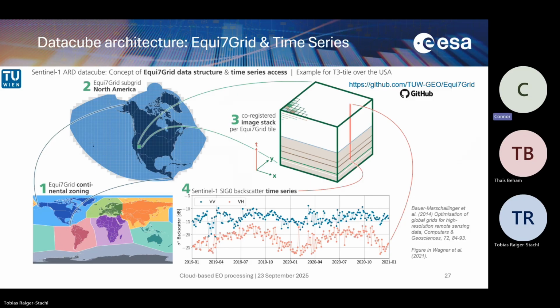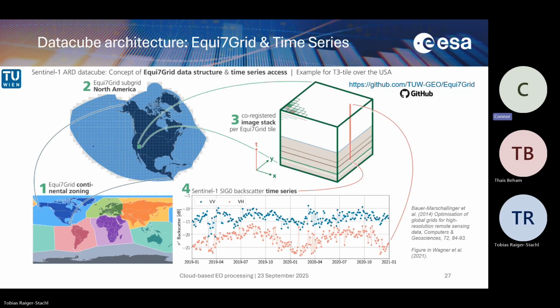This is just an overview of our DataCube architecture. So the Equi7 grid, as I told you before, is our tiling scheme that we are using to easily retrieve time series of Sentinel-1 data. It's an in-house developed tiling scheme that is especially tailored for land application.